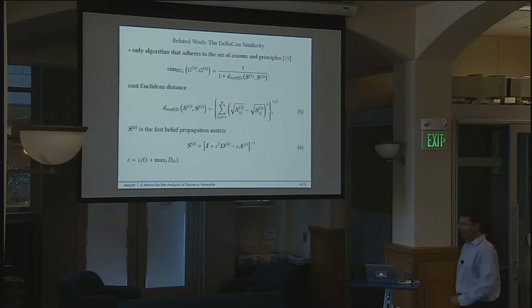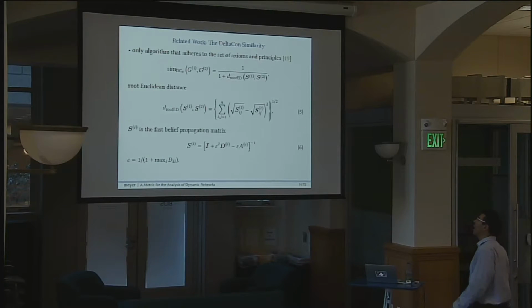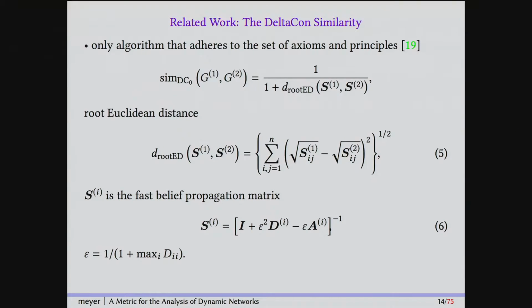I'll be spending a little bit of time talking about the similarity distance, which essentially describes the work of Koutra. Because we were so inspired by this work, we're going to study this distance a little bit. The way the distance is defined is very natural. It is a true distance, so pay attention to the square root here.